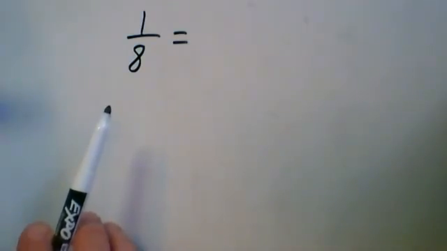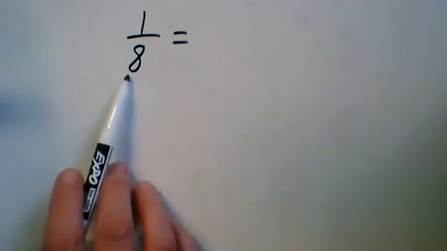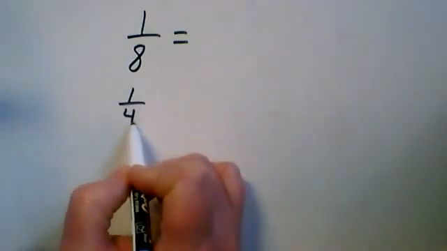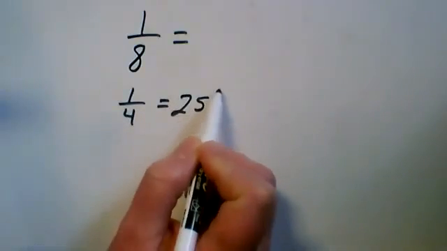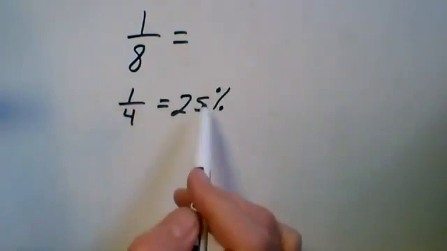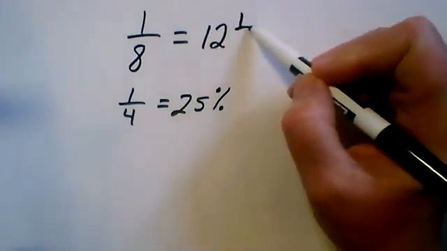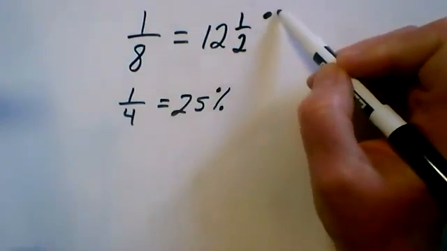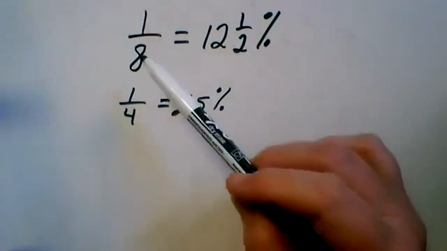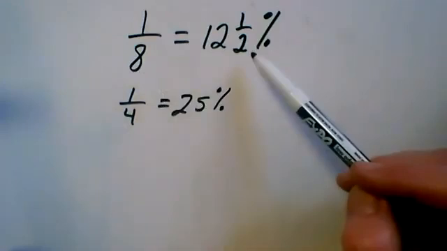One way to think of it is that 1/8 is half of 1/4. So if 1/4 equals 25%, then 1/8 has to equal half of that, and half of 25 is 12.5%.